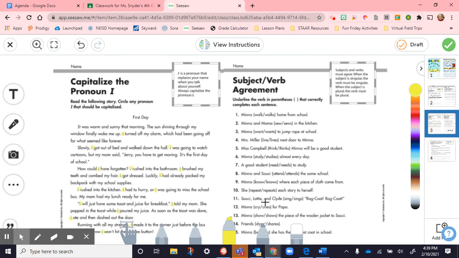Oh, I found one. Make sure, yep, it's capitalized. Good. Let me find the next one. Yep, that one's good. Keep going. Oh, nope, I forgot that one. Let me fix it. It's just part of your habit, part of your checklist.